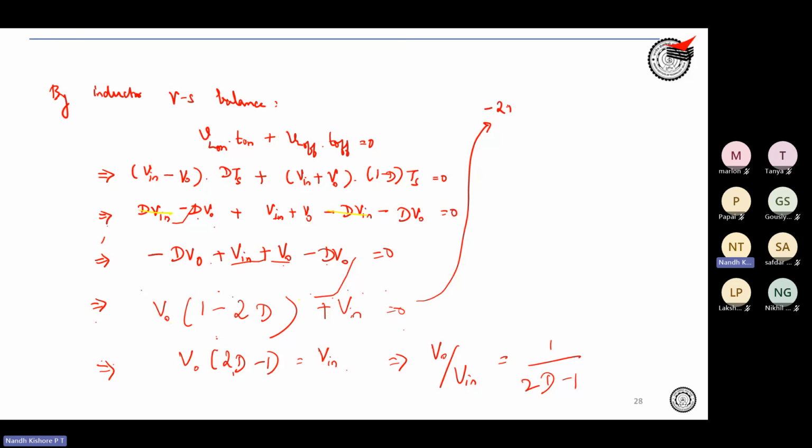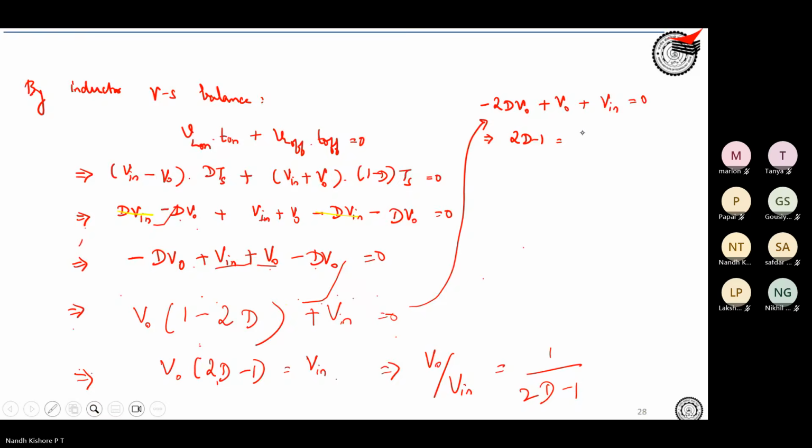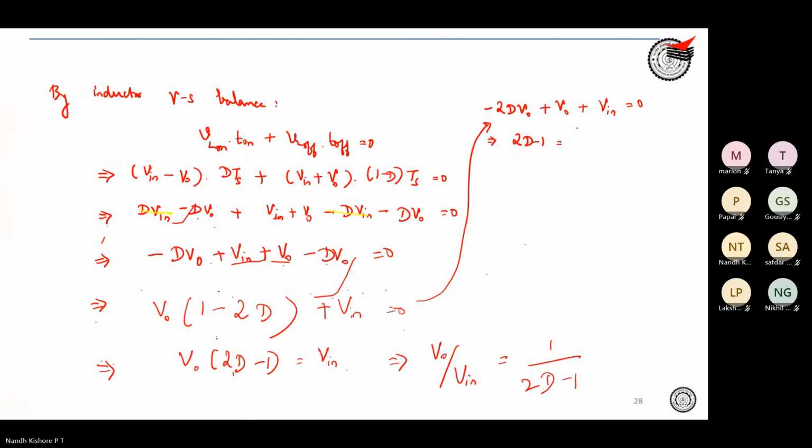So we got minus 2d V0 plus V0 plus Vin equal to 0. So 2d minus 1 is equal to Vin by V0.